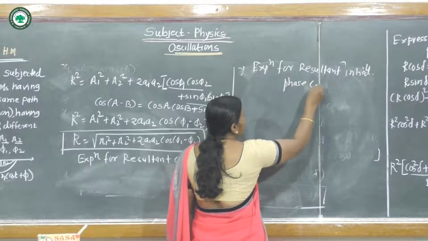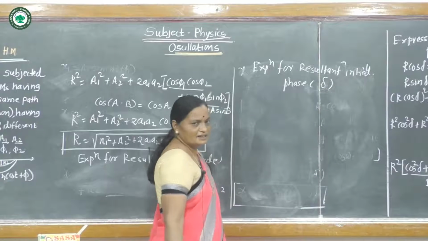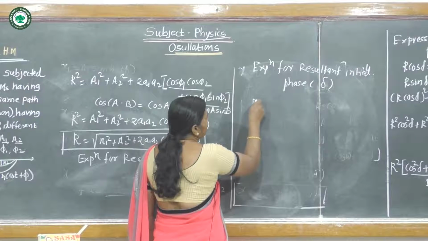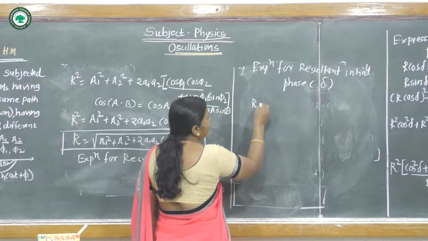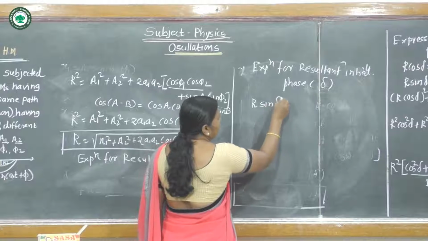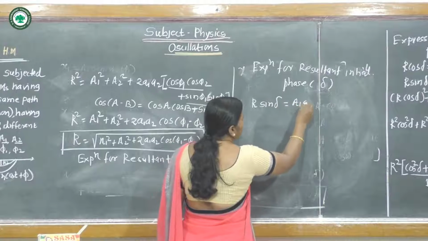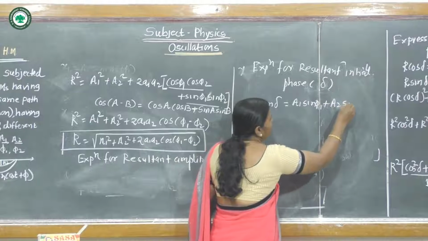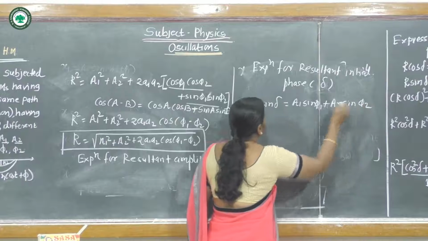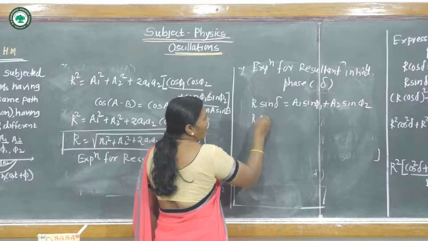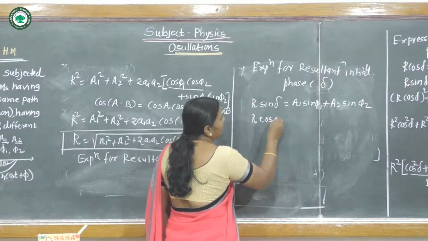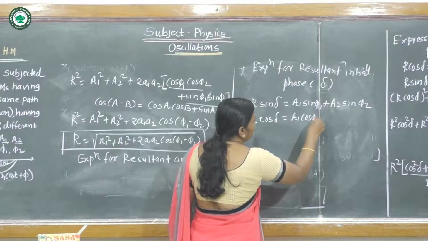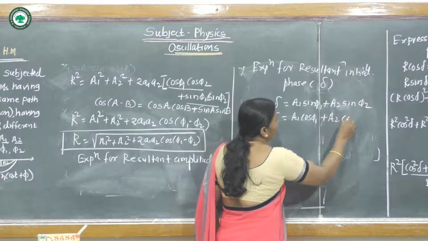We have the first equation, suppose we can write R sin delta is equal to A1 sin phi 1 plus A2 sin phi 2. And another equation, R cos delta is equal to A1 cos phi 1 plus A2 cos phi 2.